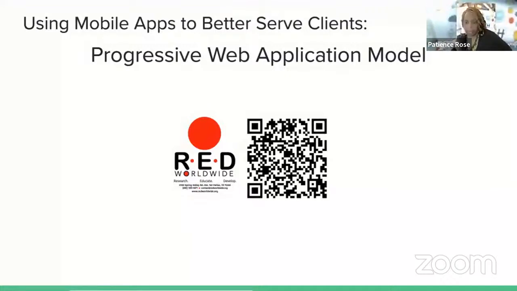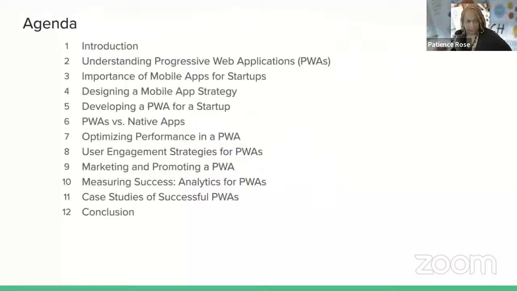So we'll start here. Our agenda for today, over the next 30 minutes or so, is to really understand what a progressive web application is and the importance of a mobile app for a startup, for a person who is just starting in business, how important it could be to have an app that people can get in touch with you, or for that matter, even do business with you, from.